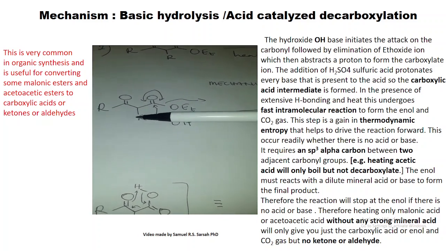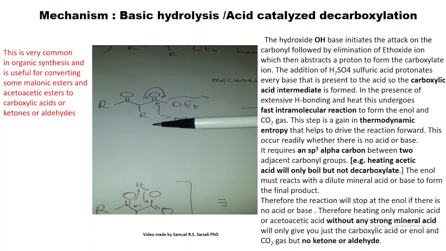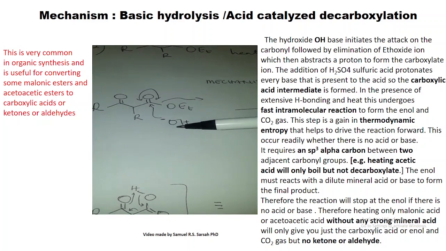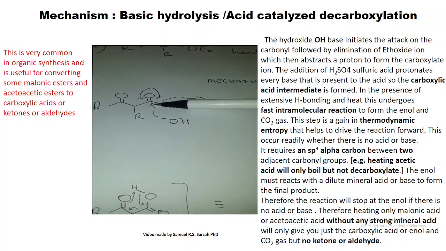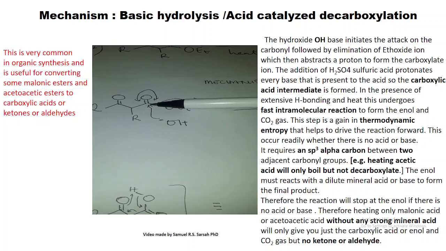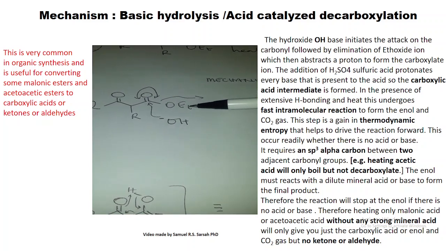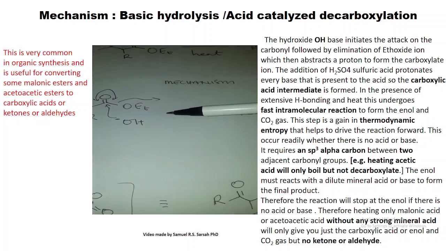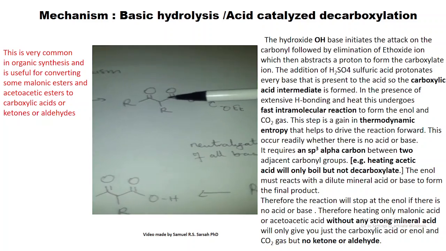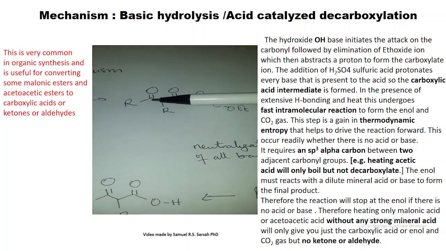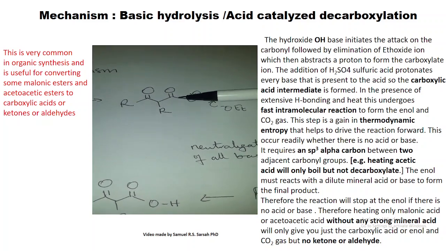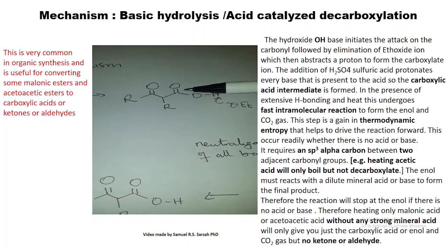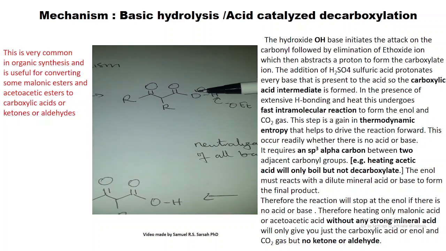In the first instance, they are using sodium hydroxide. The hydroxide will attack this carbonyl right here, followed by elimination of a good leaving group to form this intermediate with carboxylic acid functional group.